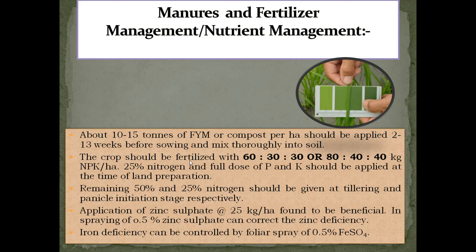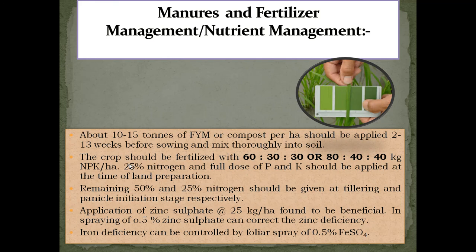Then crops should be fertilized with the recommended dose for the upland or direct seeded rice, that is 60:30:30 kg NPK per hectare or 80:40:40 kg NPK per hectare. This is the recommended dose for the upland or direct seeded rice.